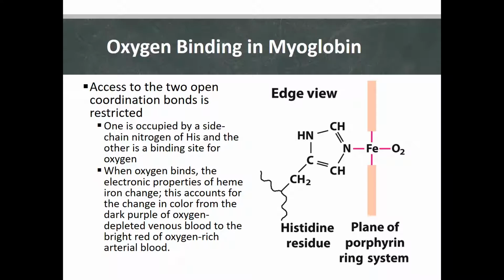However, the difference is that these other compounds can bind with much, much higher affinity than oxygen. This is really significant because it means that something like carbon monoxide can bind to your heme group with a higher affinity, and therefore can outcompete oxygen for binding to that heme group, which then leads to toxicity.